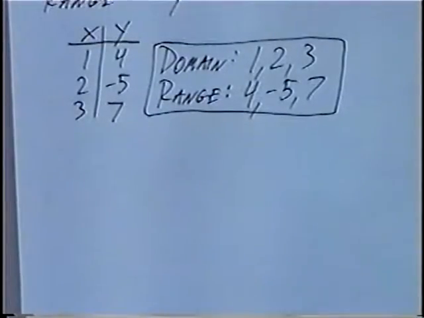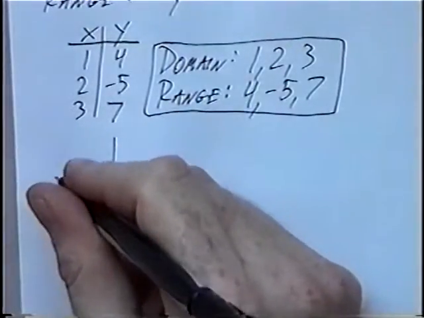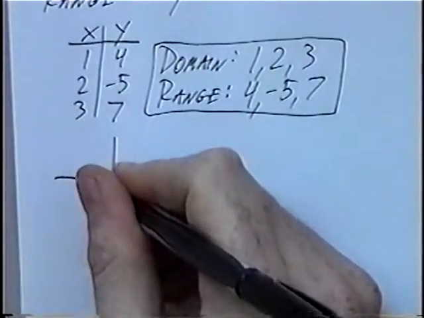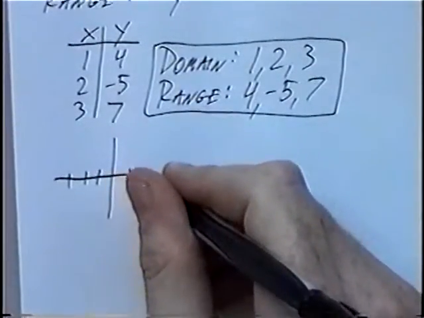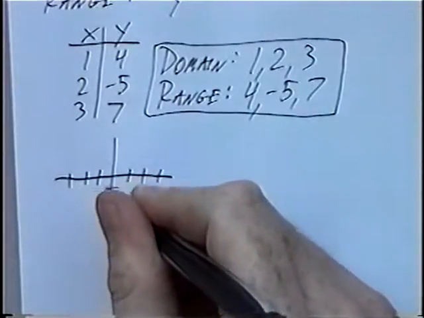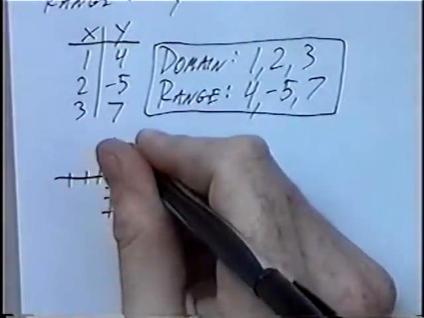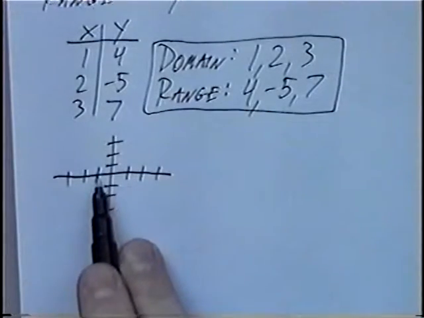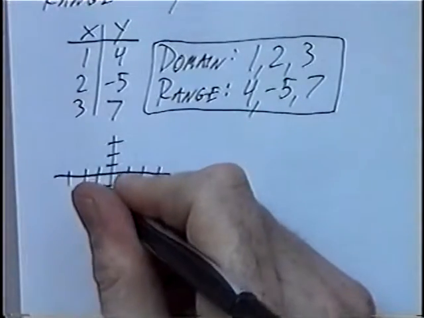Second question is a graph on the xy axis. We'll go out to 3 in each direction. The first point is at -1, -1.